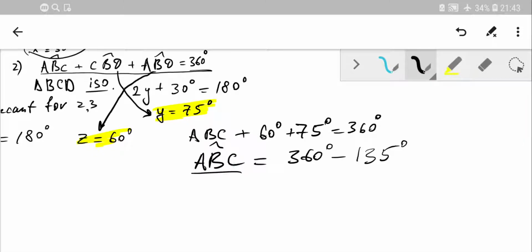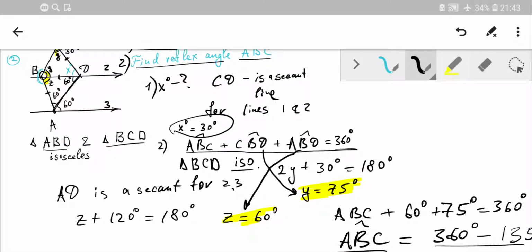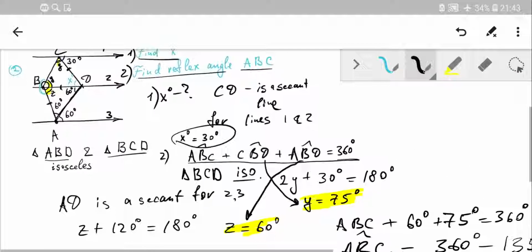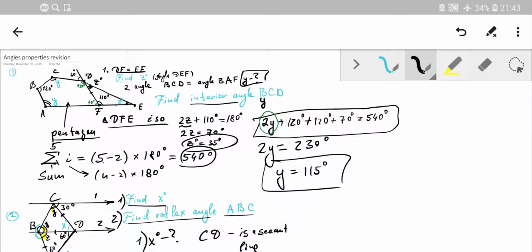Okay, so ABC is 360 minus 135, so we'll get 360 minus 130, we'll get 230, and minus 5, 225 degrees in total. So that's angle ABC. All right, so reflex angle is 225. That was the revision for angle properties. We've done quite a lot, and that's your practice. All right, thank you, and see you later.